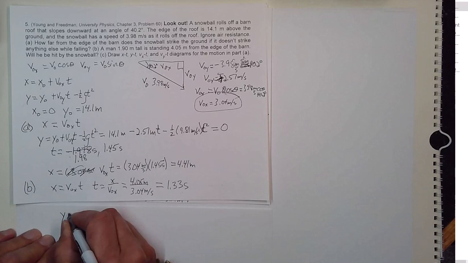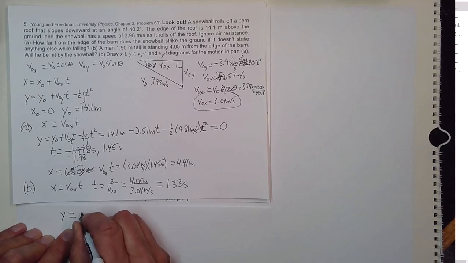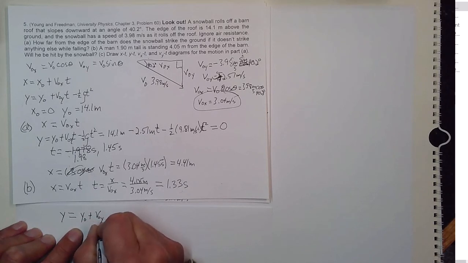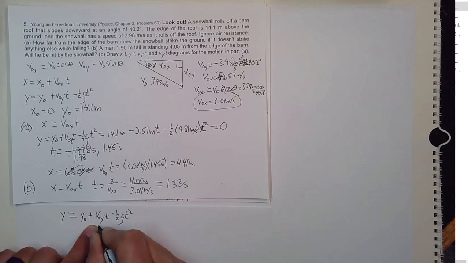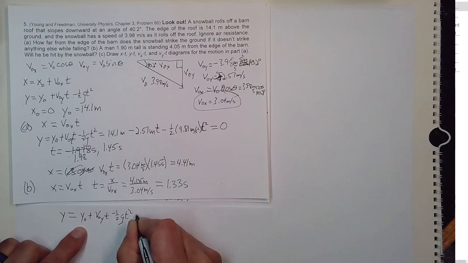Y at that time will be y naught plus v naught y t minus 1/2 g t squared. And yes, I know v naught y is negative. That's going to show up here.